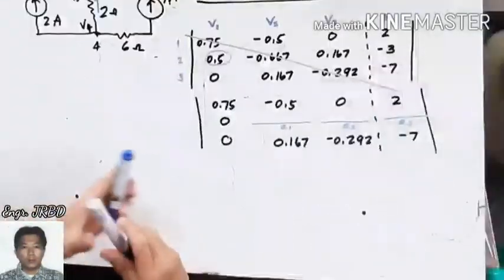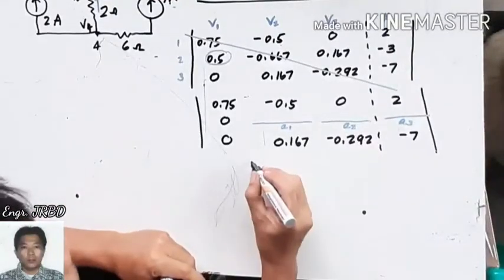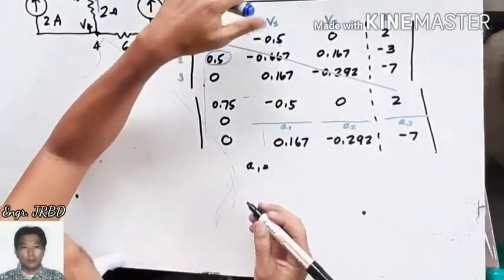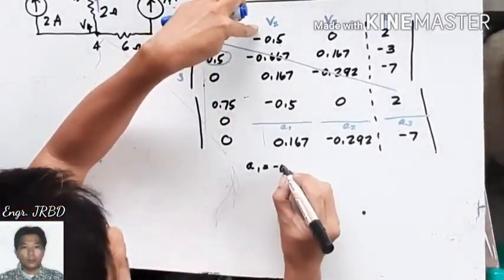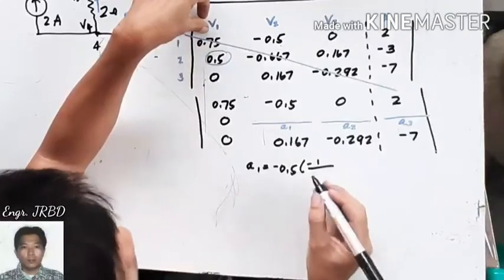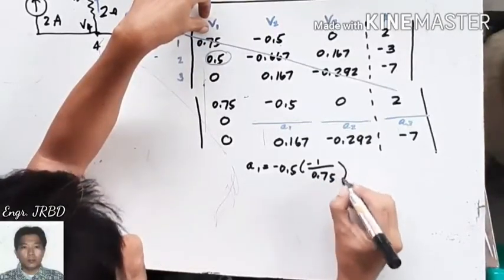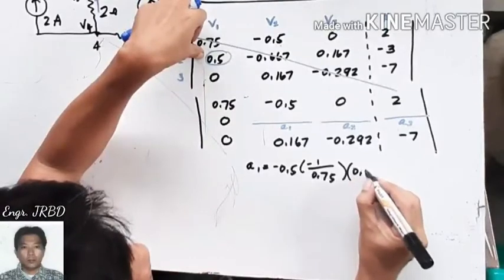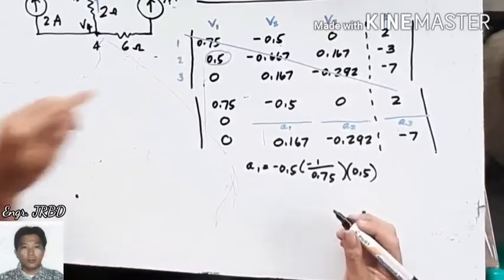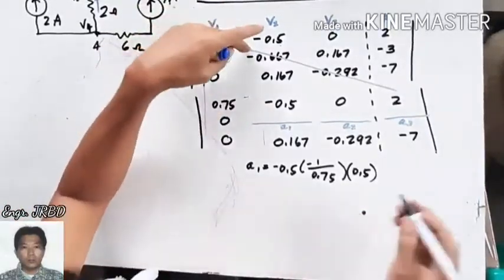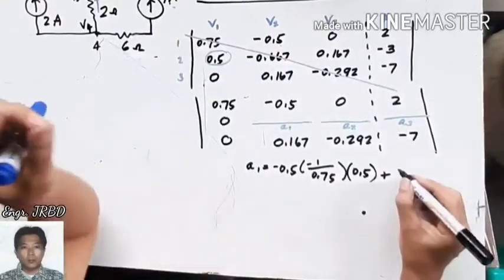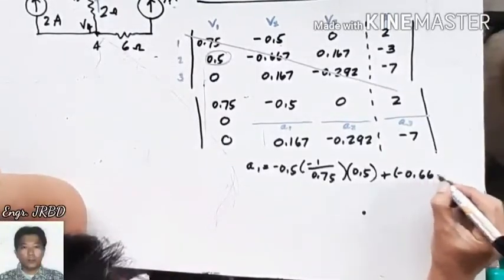So that will be for A1, this element of negative 0.5 times the negative reciprocal of your pivot element, which is 0.75, times 0.5, plus negative 0.667.